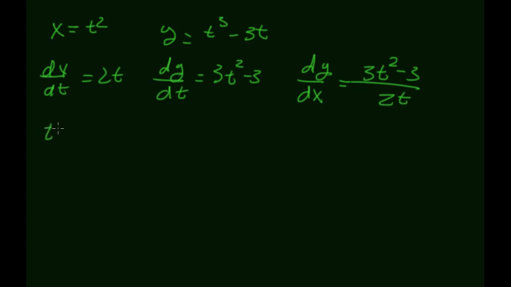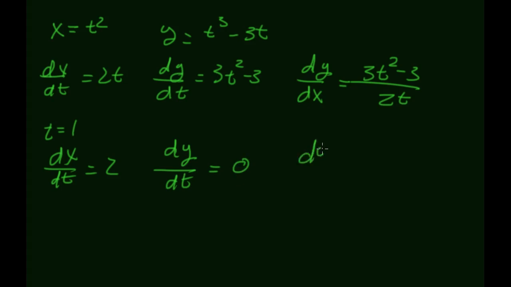So what happens if I'm at t equals 1? Then dx/dt is 2, which means that I'm going right 2 units per second. Dy/dt would be 0, so I'm not moving up or down at all over time. And dy/dx means that my slope at that point, so that's 0 over 2, is 0, which means that the tangent to the curve at that point is horizontal.